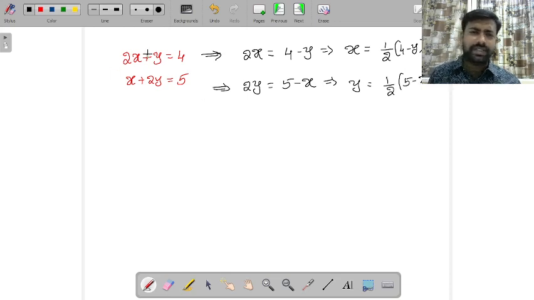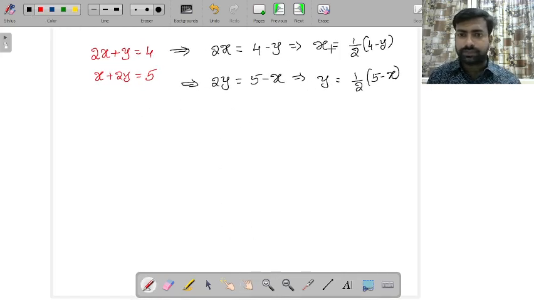You can clearly see that the coefficient matrix here is diagonally dominant. If it is not diagonally dominant, we'll see what goes wrong. I'll show you that. So now let me take it as an iterative formula. Here you write k plus 1 and k plus 1, and here the values at the kth step.